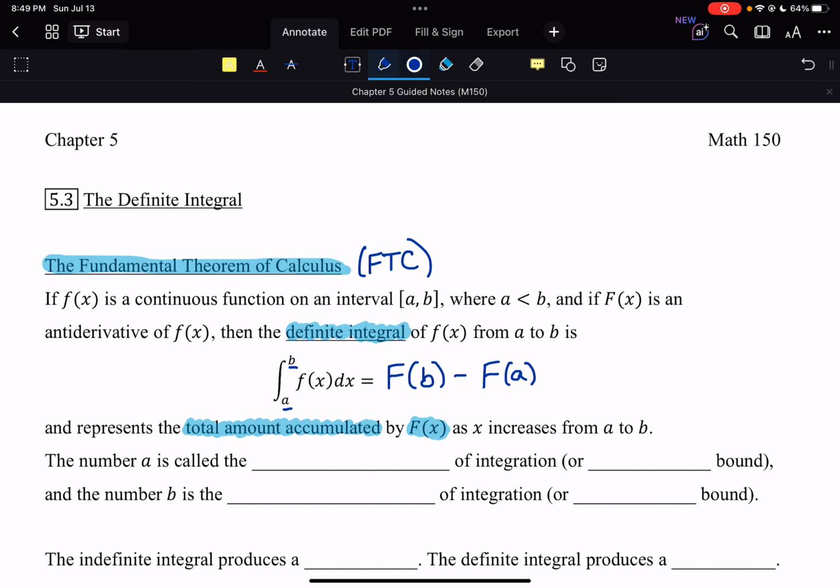So when we talk about the interval and those values themselves, the number a is called the lower limit of integration, often just referred to as the lower bound. And the number b is the upper limit of integration, or often just referred to as the upper bound.